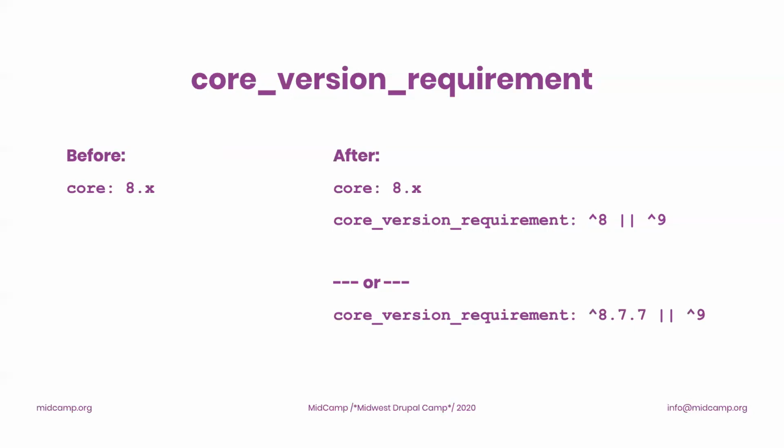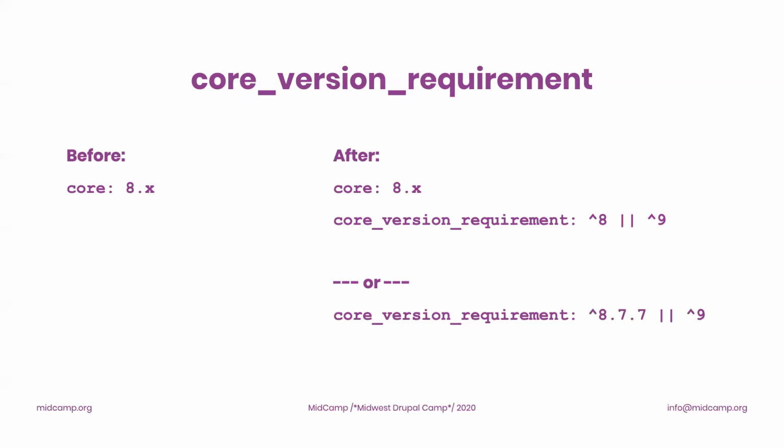So one important thing to note here is if you want to be compatible with versions of Drupal prior to 8.7.7, you need to leave the core key in, simply because before that, Drupal didn't know what this new key was. So without the core key, it won't know that your module is compatible. So it's okay in this case to leave it in where it says core 8.x.